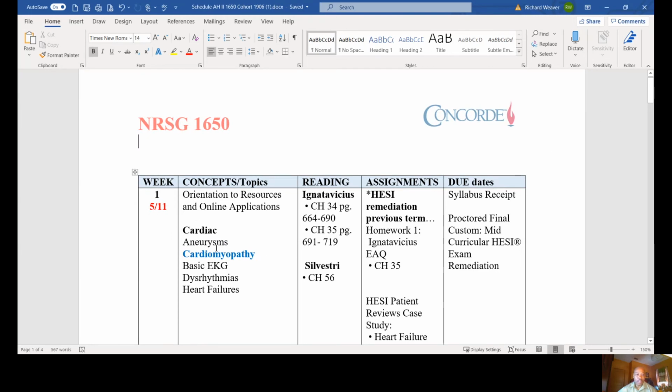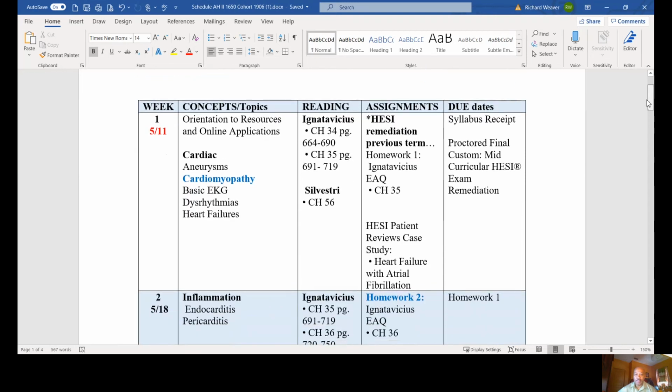Here you will also find all of the topics for the first week that we'll be covering. It'll probably take at least a couple of weeks to cover all of this information. Here also in the first week, there's a syllabus receipt, and I'll show you that information as well. I'm sure you guys have had that information too, so I won't belabor it.